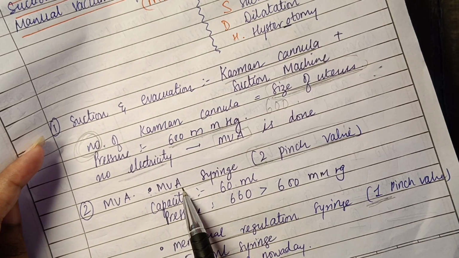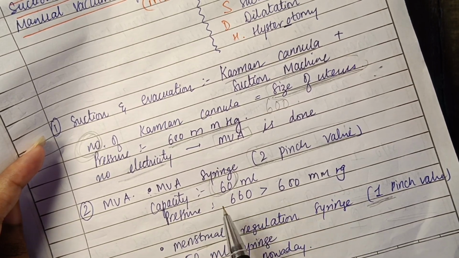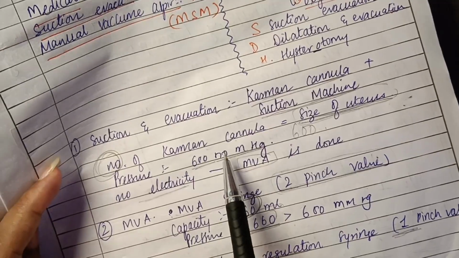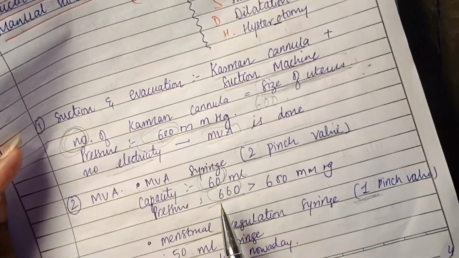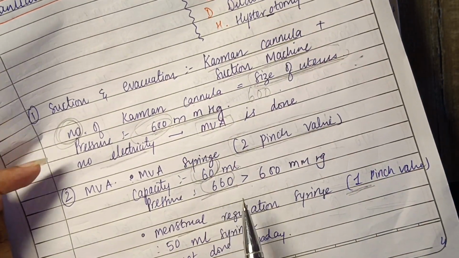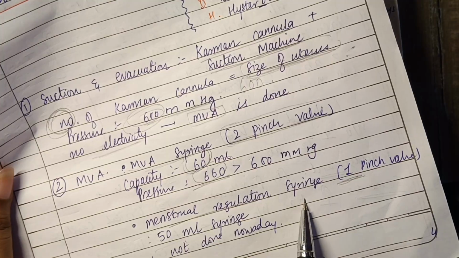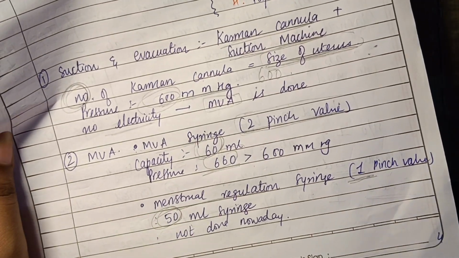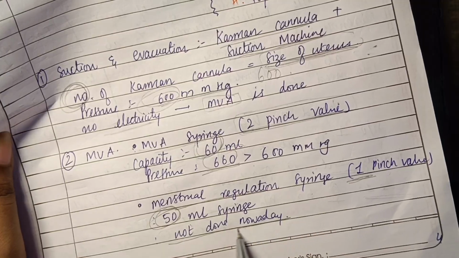The capacity of MVA is 60 ml and the pressure is 660, compared to 600 in Karman's cannula. The menstrual regulation syringe has only one pinch valve, is 50 ml in size, and is outdated.